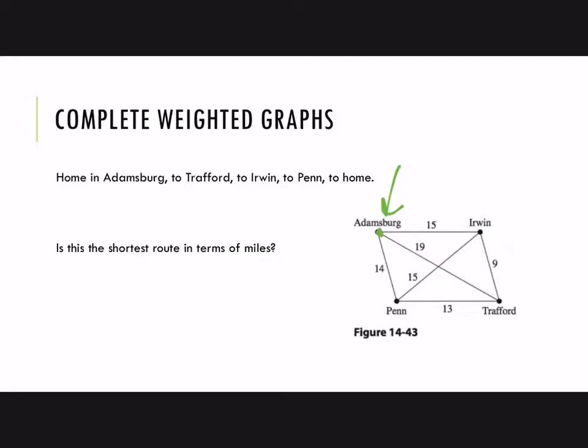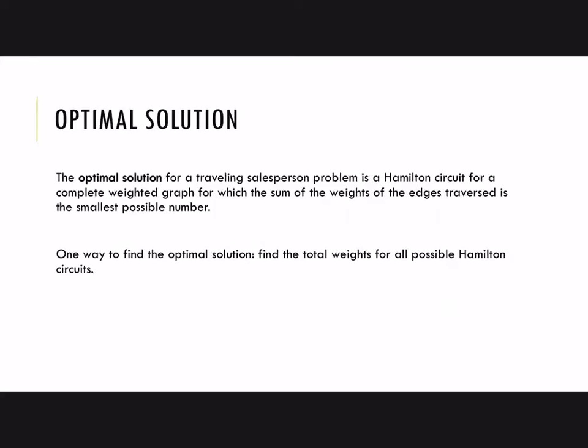And they want to travel from Adamsburg to Trafford, Trafford to Irwin, Irwin to Penn, and then home. Now this does hit all of those cities, but the question is, is this the most efficient route? Alright, so maybe you can quickly look through this graph and decide whether or not that would work, or whether or not there's a shorter route in terms of miles.